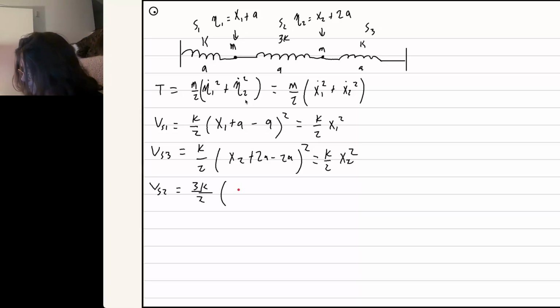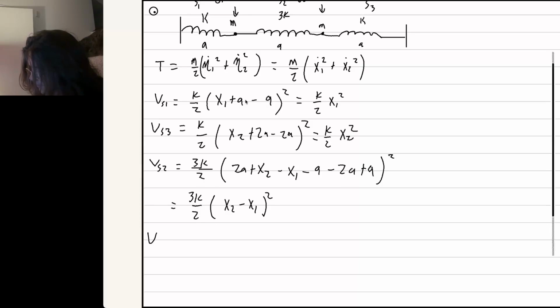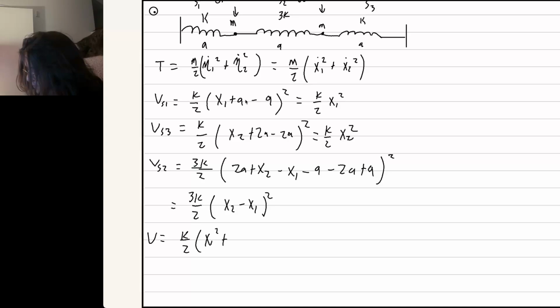So that is 2a plus x2 minus x1 minus a, and then minus the equilibrium positions, so minus 2a plus a. That should just give you x2 minus x1 squared. All right. Adding all those together, the potential is k over 2 times x1 squared plus x2 squared, plus 3k over 2 times x2 minus x1 squared.